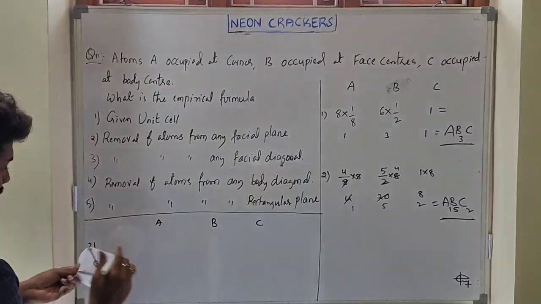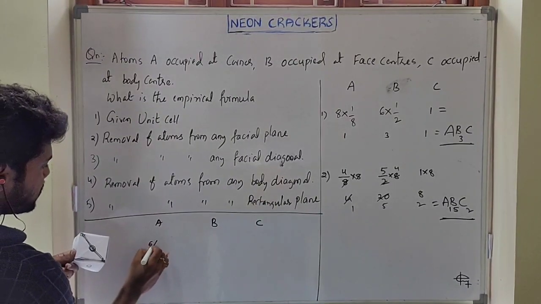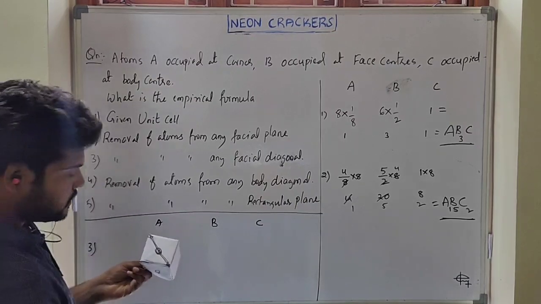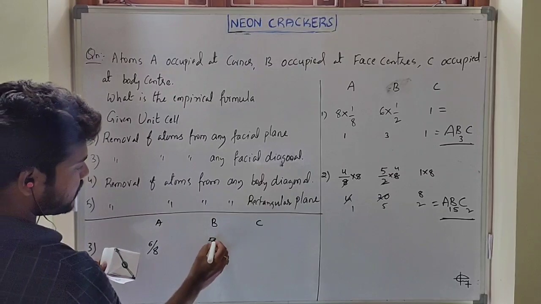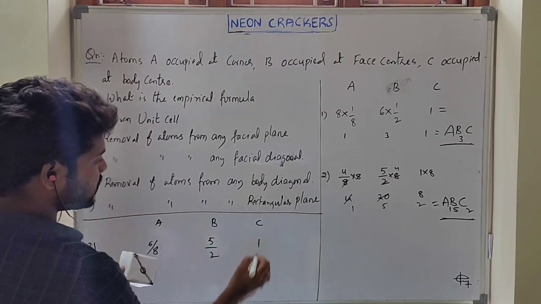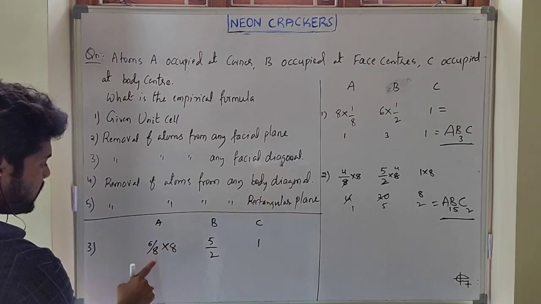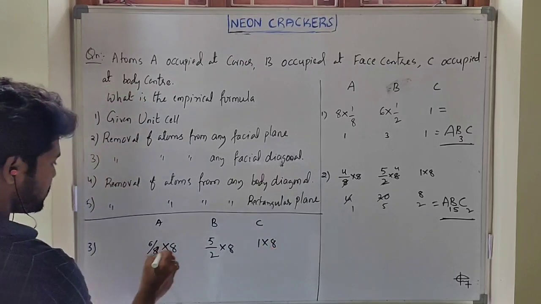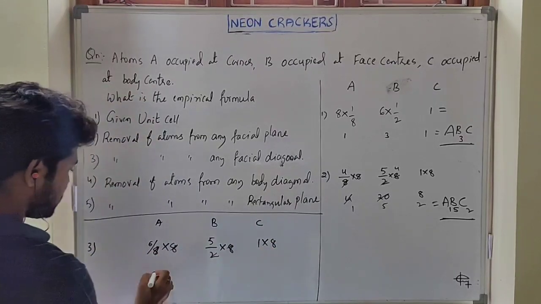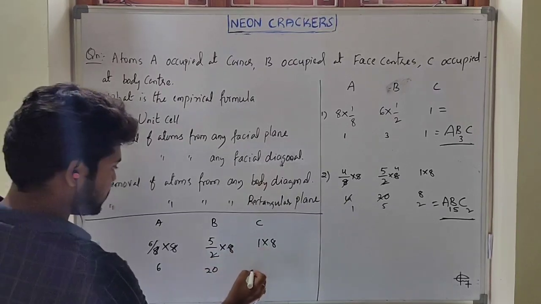So after removal of these 2 corner atoms, how many are there? 6. What is the contribution of each? 1/8. And 1 facial atom is removed, the rest of the atoms are 5, contribution is 1/2, and nothing happens to the body center atom. Again we have to simplify this one. The maximum denominator is 8, so multiply by 8. Now if we simplify, we get 6, and here 20, next here 8.